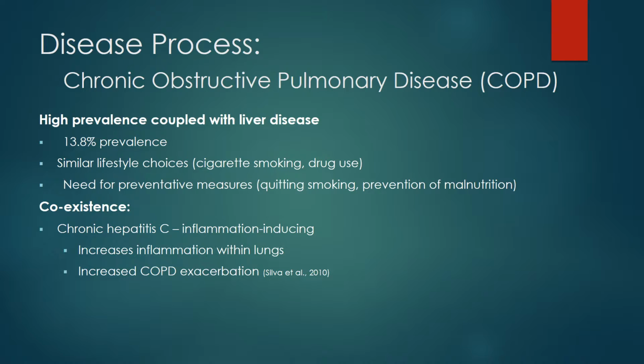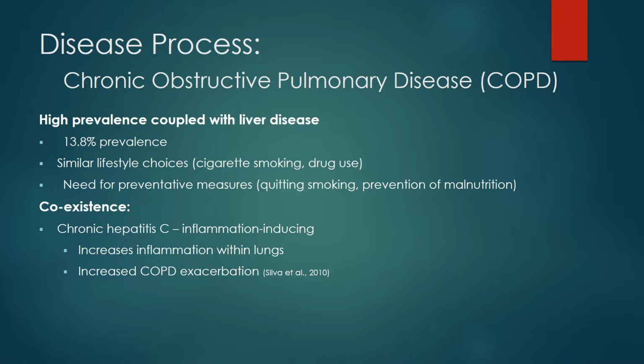As a practitioner, it would be important to note the need for preventative measures like quitting smoking, preventing malnutrition, or reducing alcohol intake for someone who has COPD, just because of their increased risk for eventual liver disease damage. And with the coexistence of both, chronic hepatitis C is inflammation inducing, and increases the inflammation within the lungs.